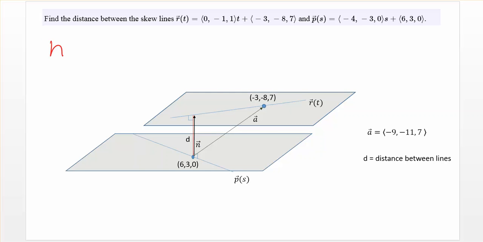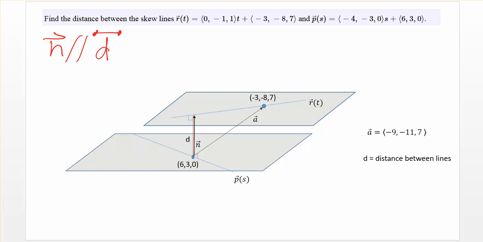So we can say the normal vector is parallel to the distance segment. I'll use this line for a line segment. They're parallel to each other because to find the distance, we need to drop a perpendicular line from one line to the next. It needs to be perpendicular to both.